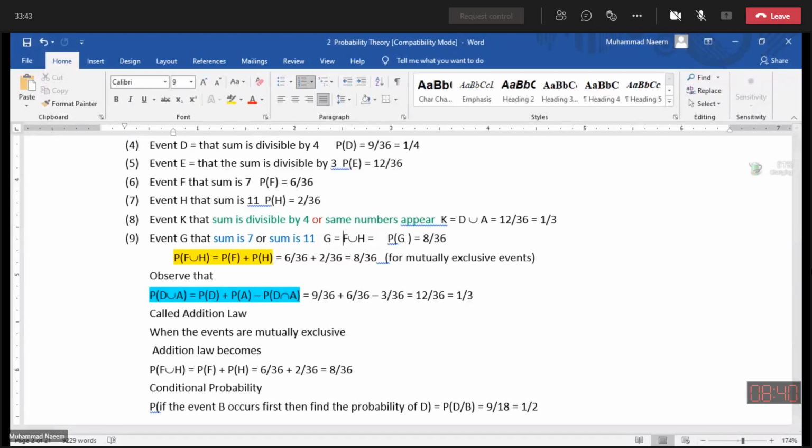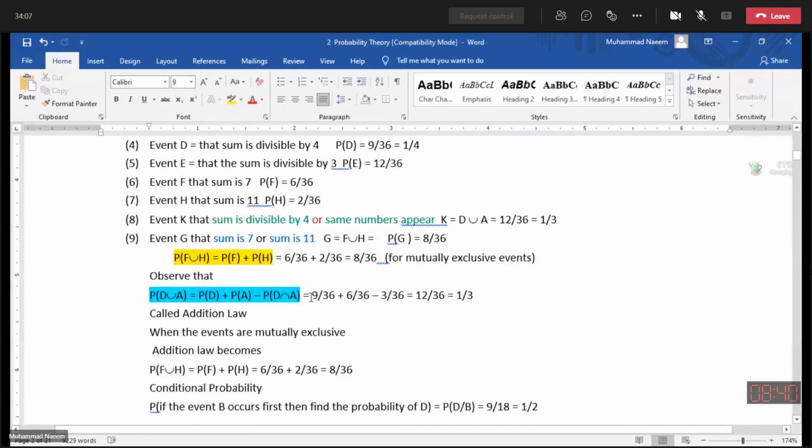For example, in the case of D and A, D is when the sum is divisible by 4 and A is the event when the same dot appears, there are three elements in common.